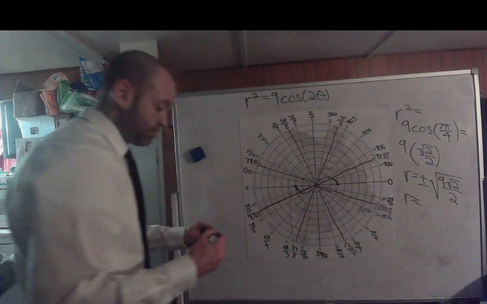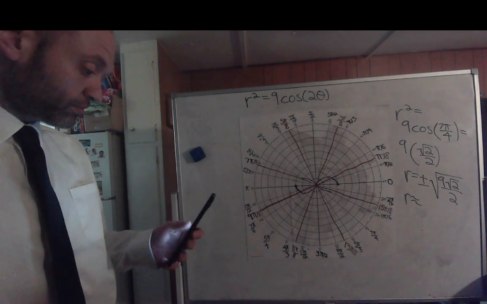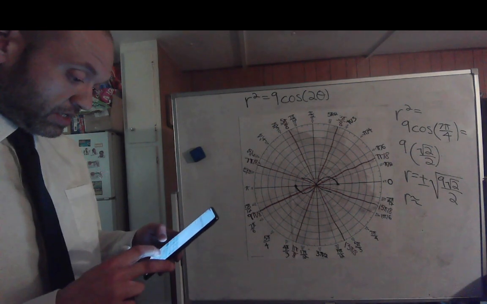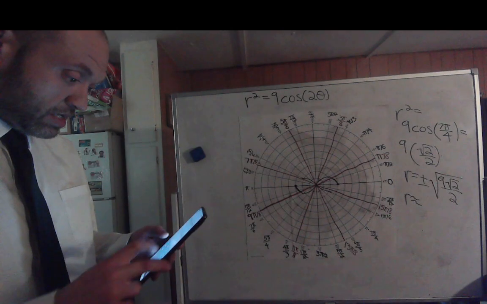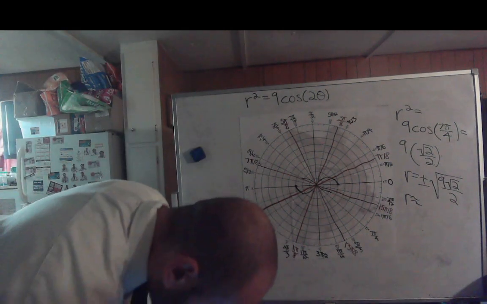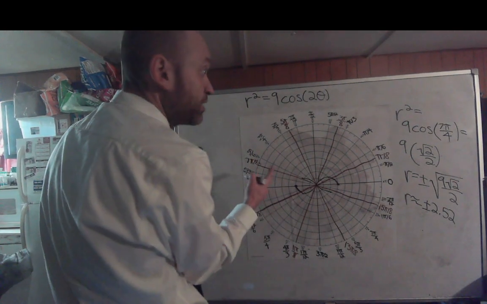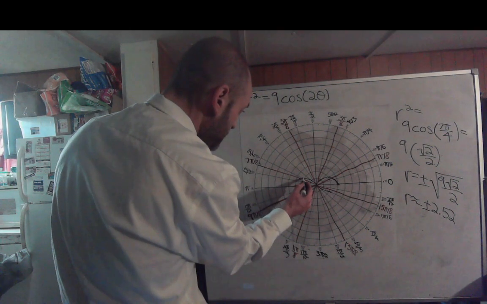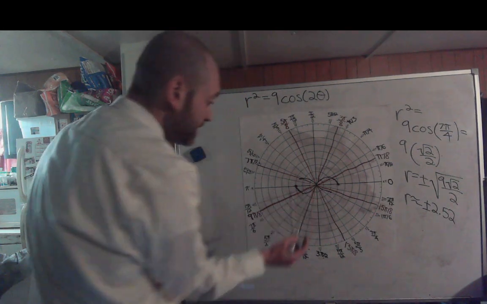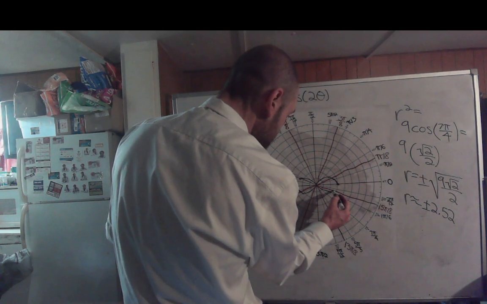So let's go ahead and get our decimal approximations. You get approximately plus and minus 2.52. So we picked 7 pi over 8. If you do the positive 2.52, you're about right there. If you do the negative, you're about right here on the 15 pi over 8 axis.